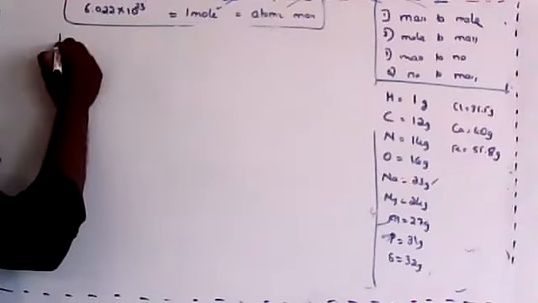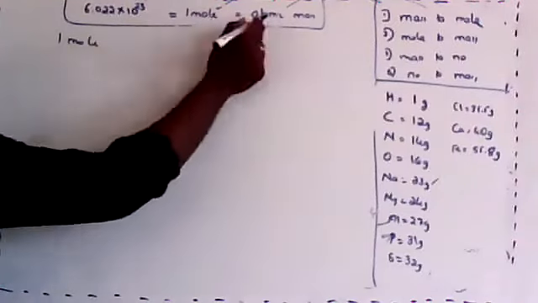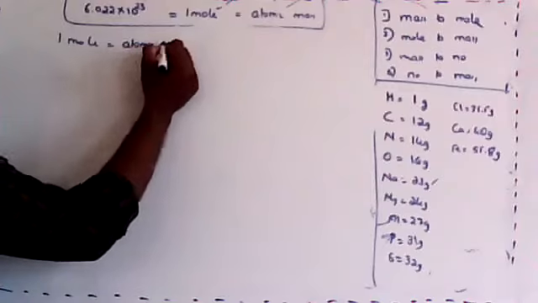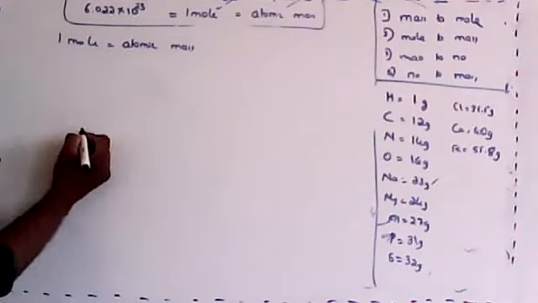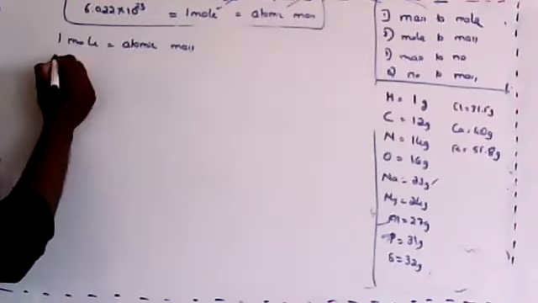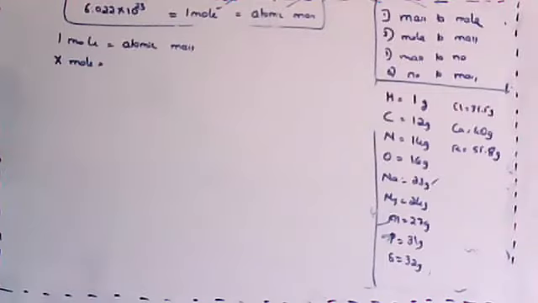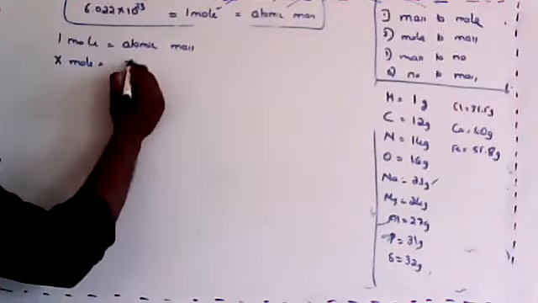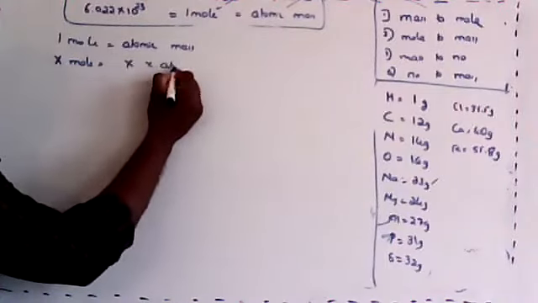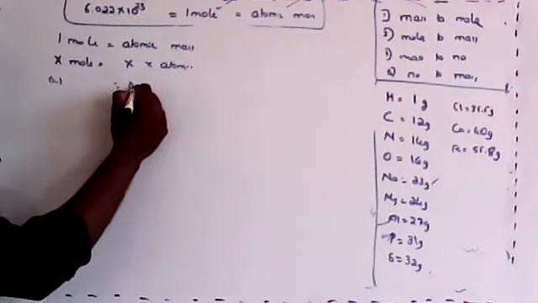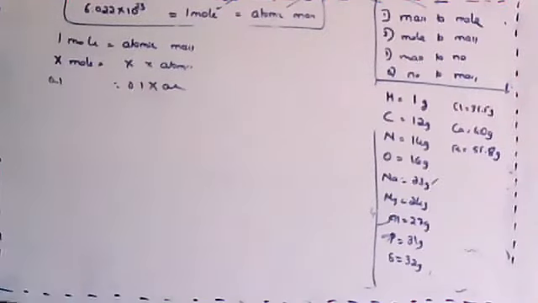For example, 1 mole is always equal to the atomic mass, right? Then the given X mole will be equal to X into atomic mass. For example, if X is 0.1, it will be 0.1 into atomic mass.